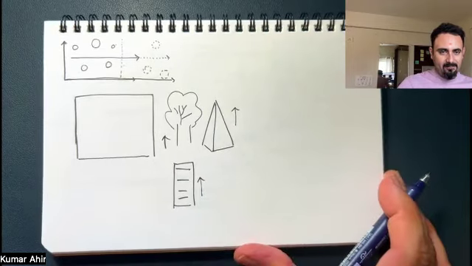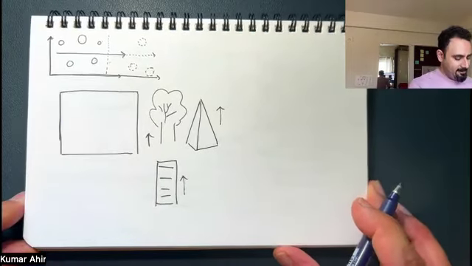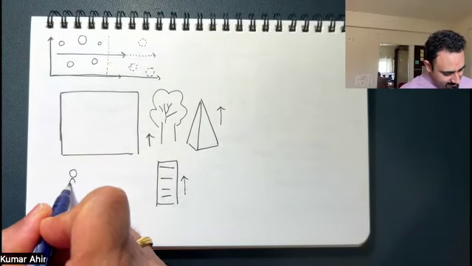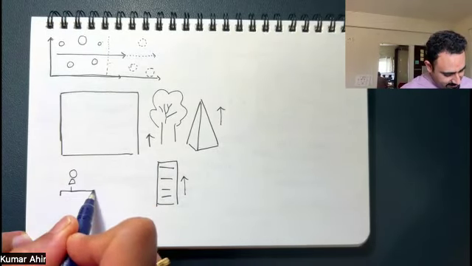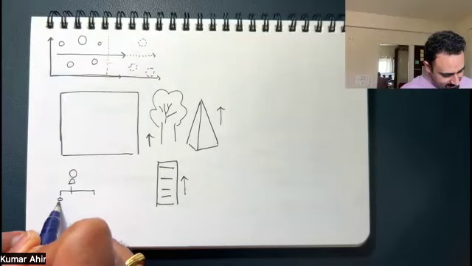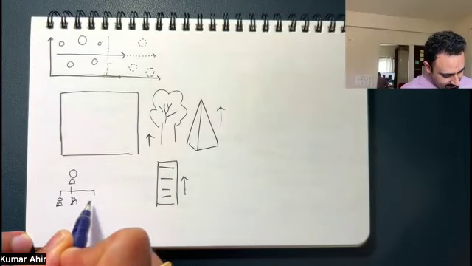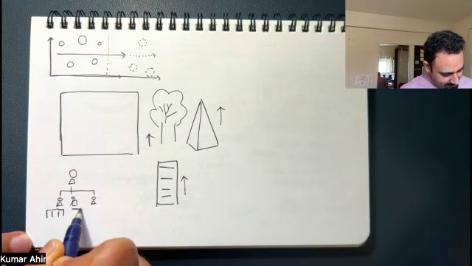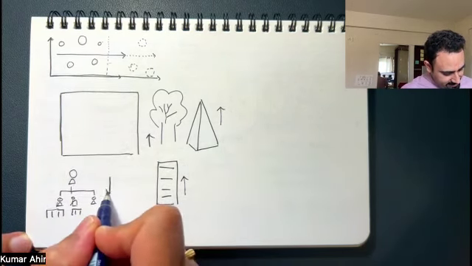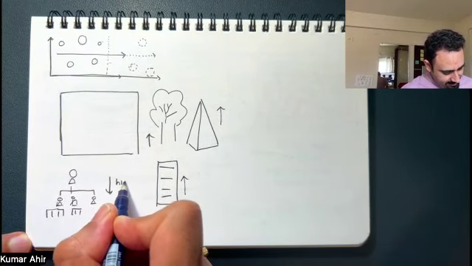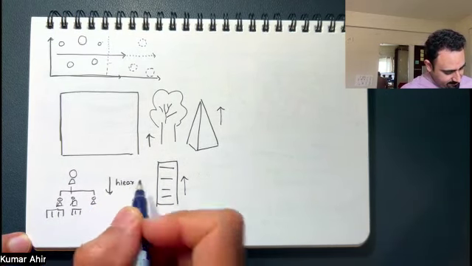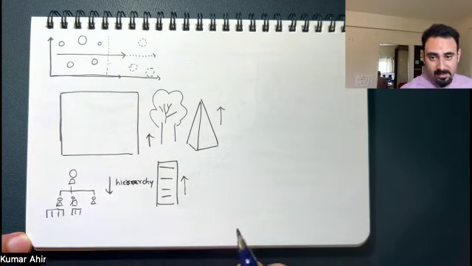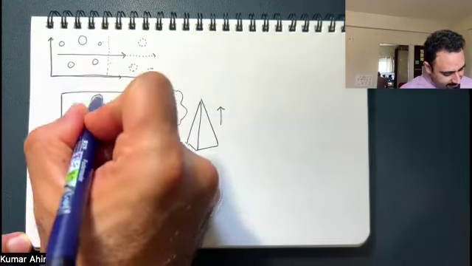And then we also have organizational hierarchy, right? So we have a CEO who has some set of reportees, and then they also have reports, and it represents a hierarchy.